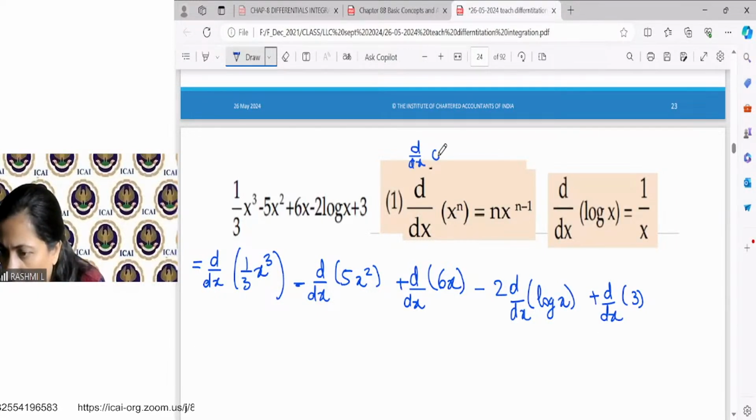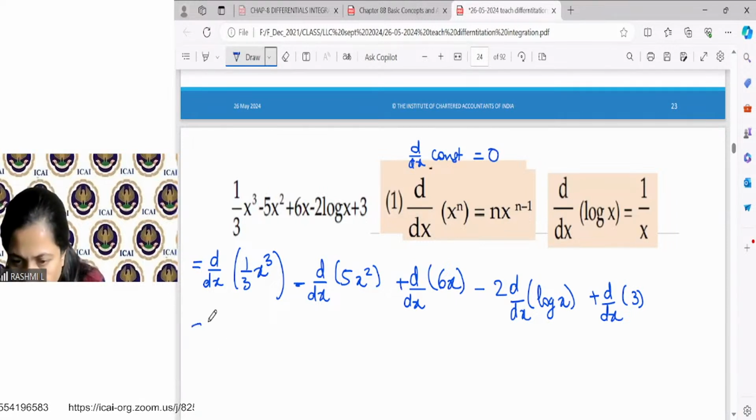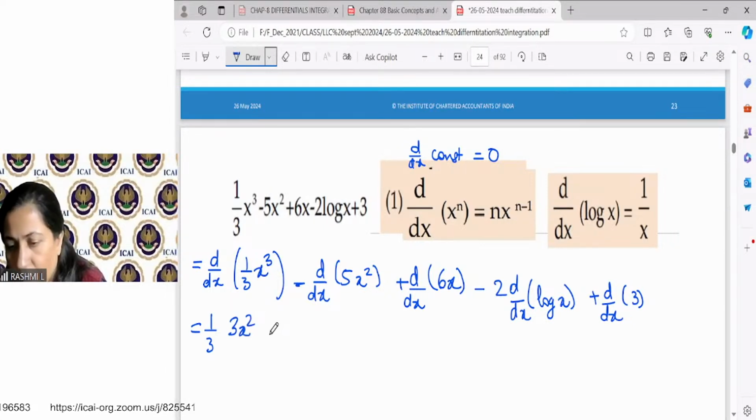d by dx of a constant is always equal to 0. This will be equal to 1 by 3 times the derivative of x raised to 3, which is 3x square, minus 5. Derivative of x square will be equal to 2x. Derivative of 6x will be equal to plus 6.